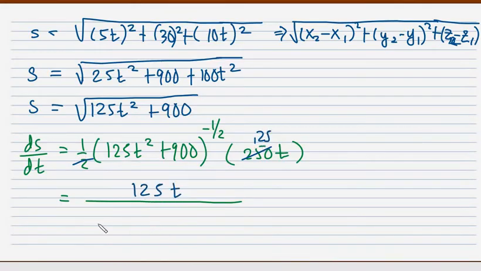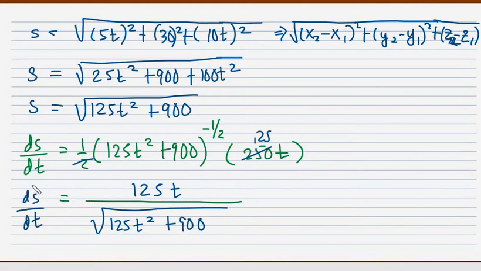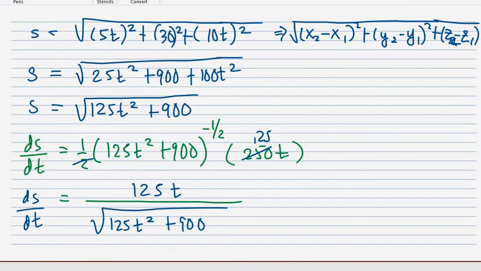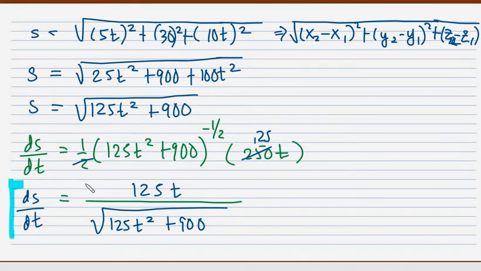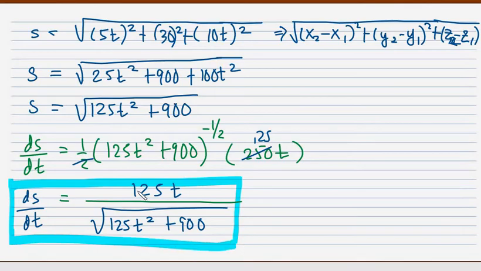So we have 125t divided by the square root of 125t squared plus 900. This is now my derivative of S with respect to t, which represents the separation of the man and the car at any time t.